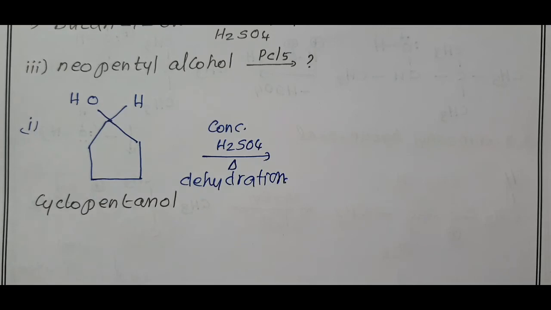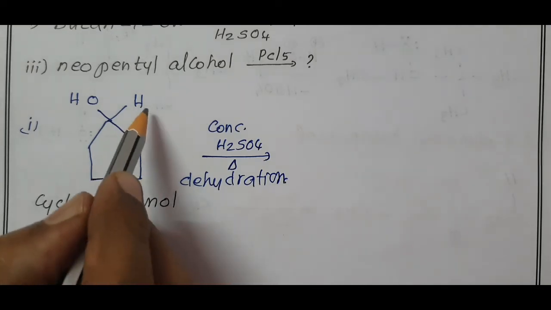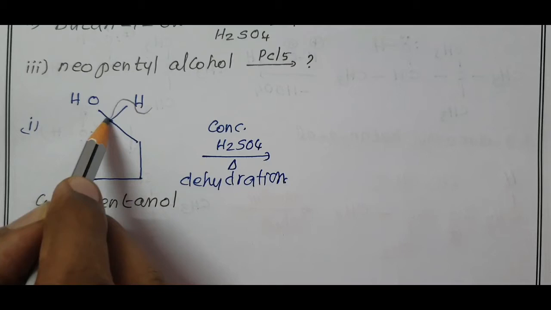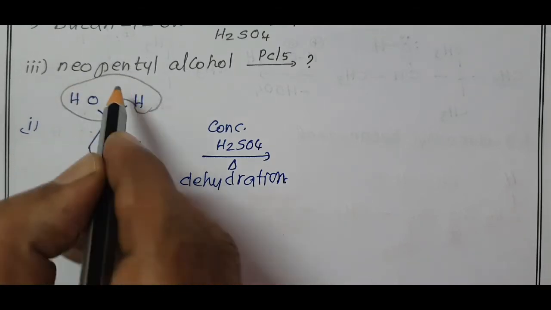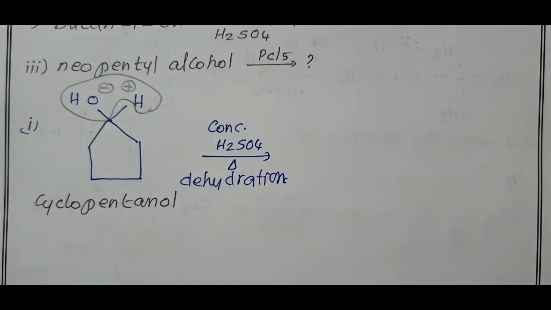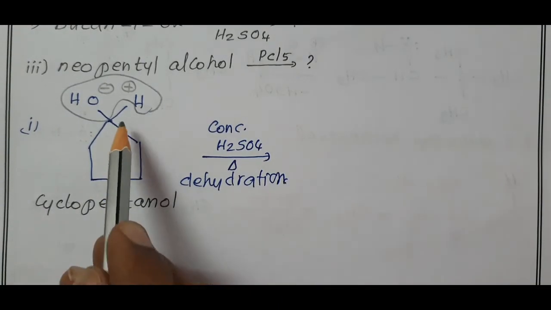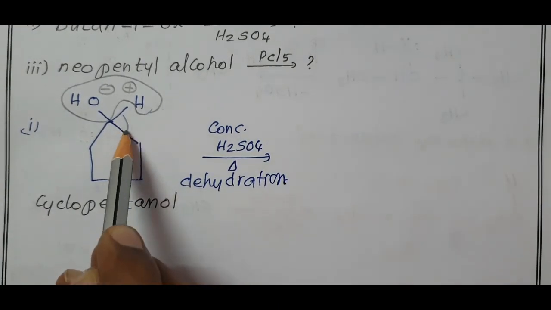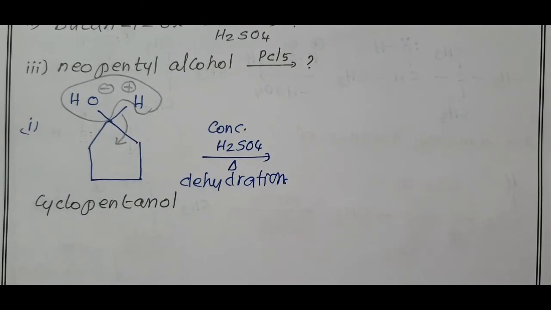One H plus and OH minus is removed as H2O. There is no atom outside of the ring in cyclopentanol. This bond is shifted inside of the ring and a double bonded compound is formed.